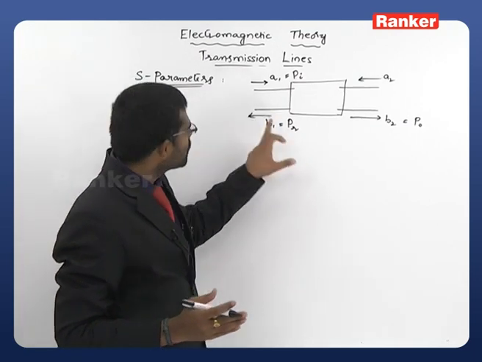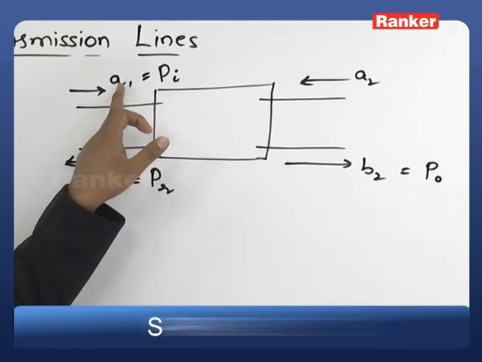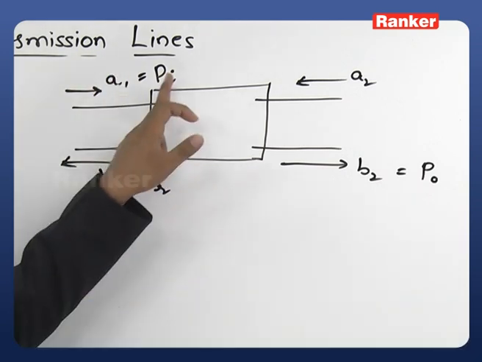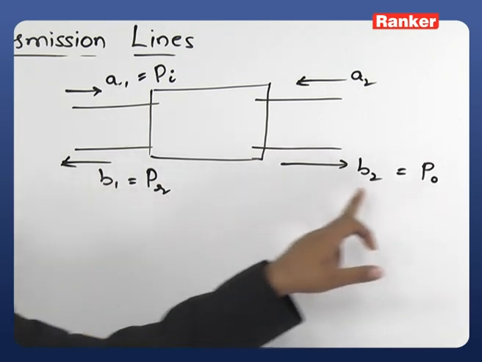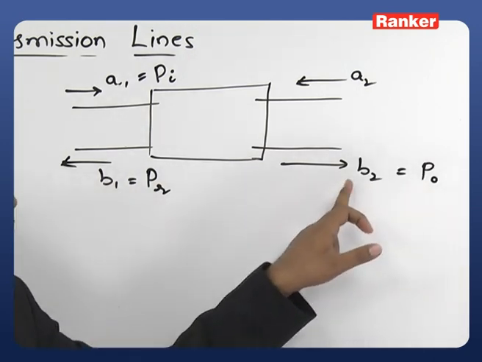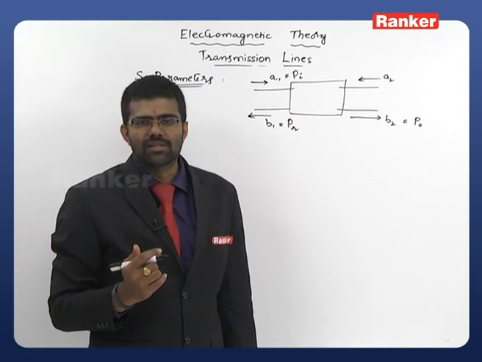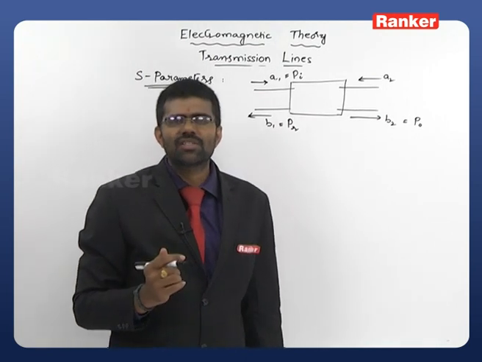Just I am using this notation, the input power Pi is equal to A1. Actually this is not the power, right? This is a voltage. Later I will correlate. For some time just remember it like that. Pi corresponds to A1, PR corresponds to B1, P0 or the output power corresponds to B2. Now with this we will go to the different losses. The first one we are discussing is the insertion loss. How was the insertion loss defined?